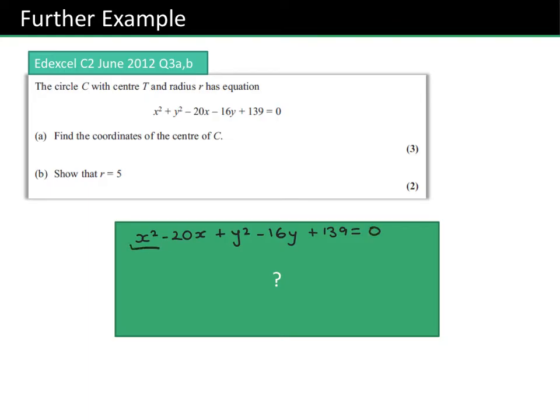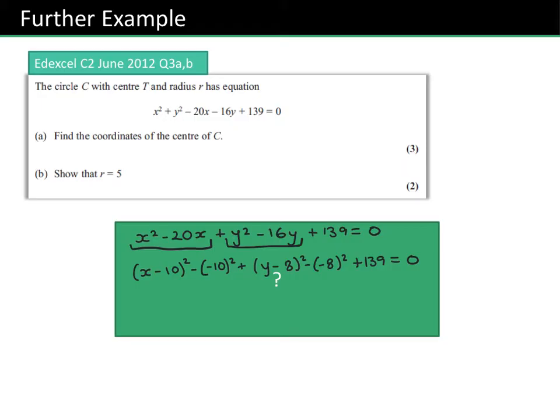I'm going to complete the square on my x's. So we're going to get x minus 10 squared minus 10 squared. I'm now going to complete the square on my y, plus y minus 8 squared minus 8 squared plus 139 equals 0.